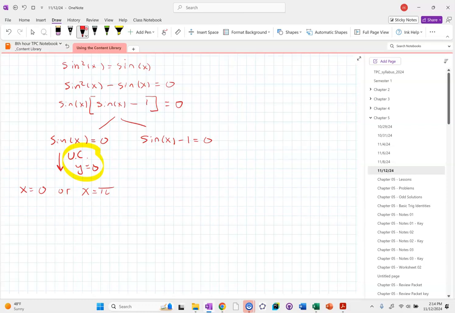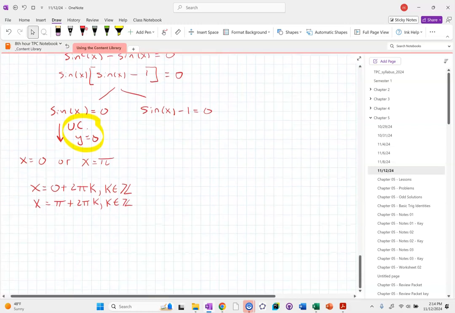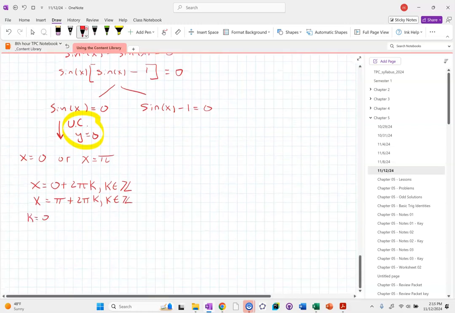But because my interval is bigger than 0 to 2 pi, I'm going to use the infinite solution here and use that to generate my answers.